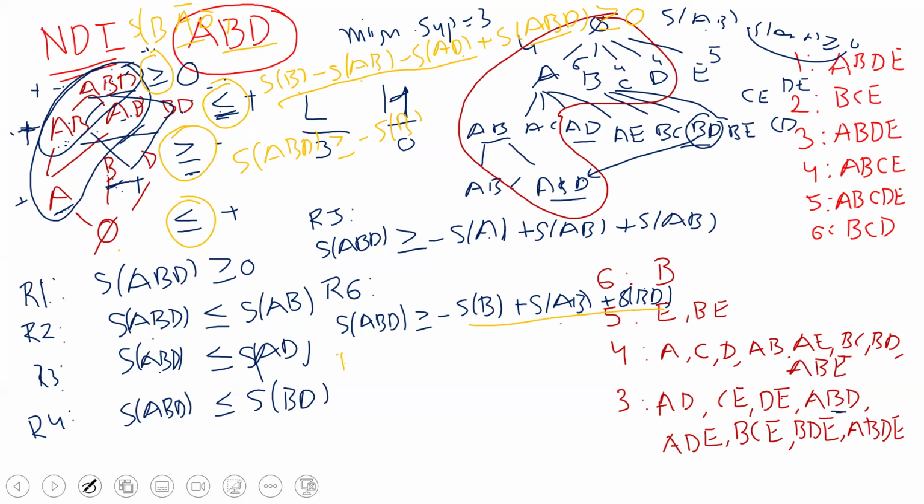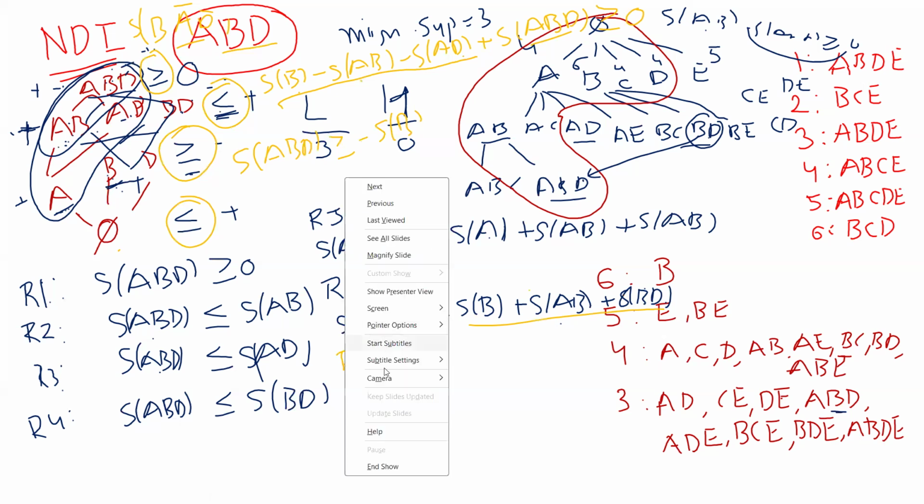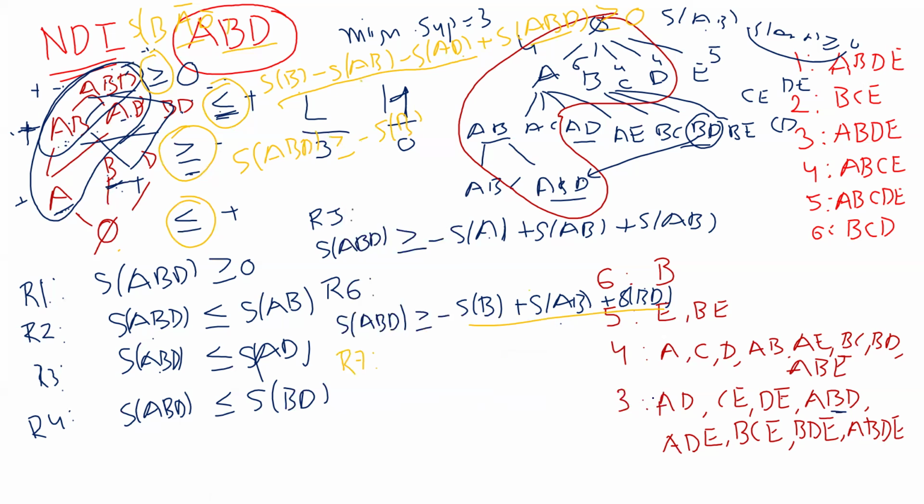And now what does rule 7 give us? Now only D is left, right? Now left is D and pi. So we have to get two more rules. I'm quickly writing these, and once the rules are written, you can actually calculate the upper bounds and lower bounds. The greater-than and less-than rules are basically lower bounds and upper bounds.